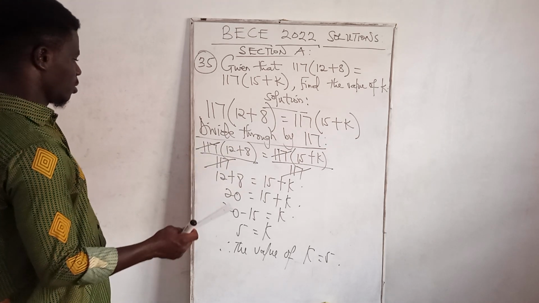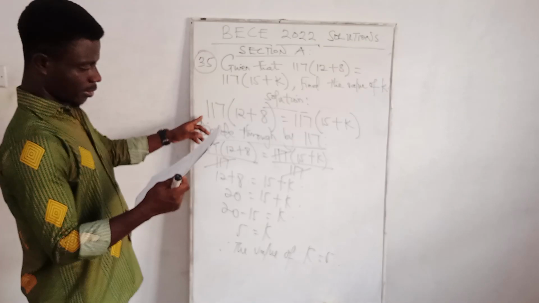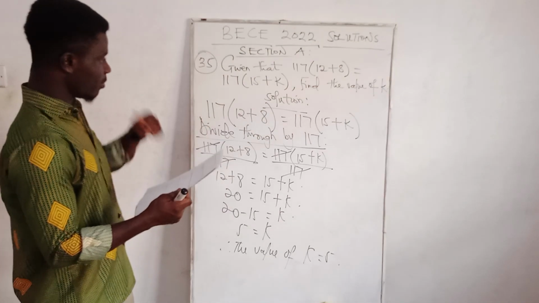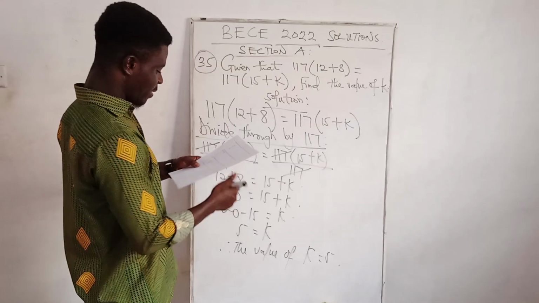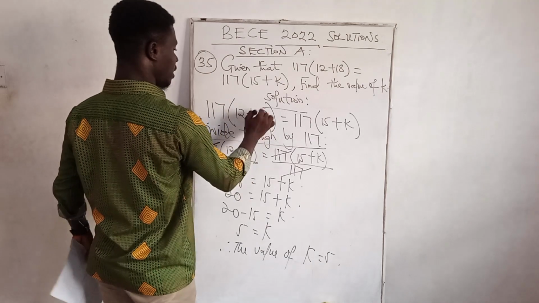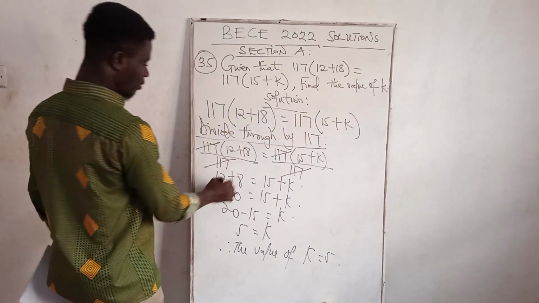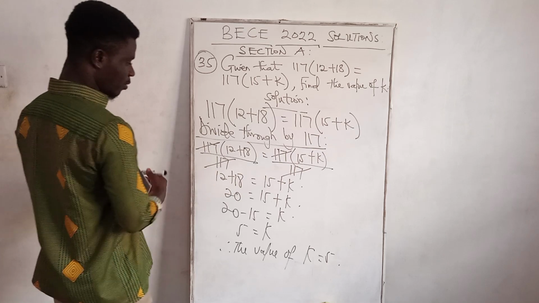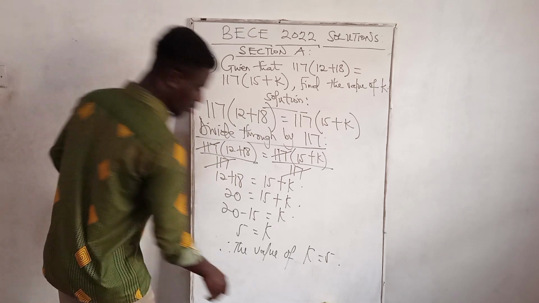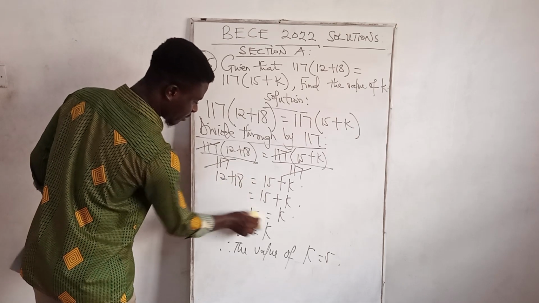Oh, let's see where I made a mistake. Oh, sorry. I made a mistake here. Here is supposed to be 18, not 8.